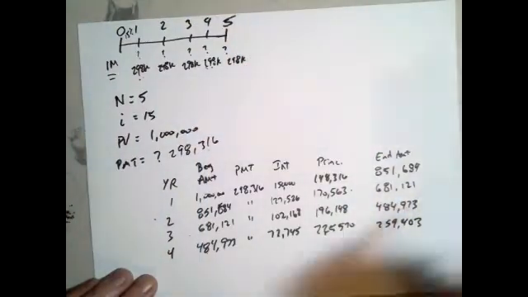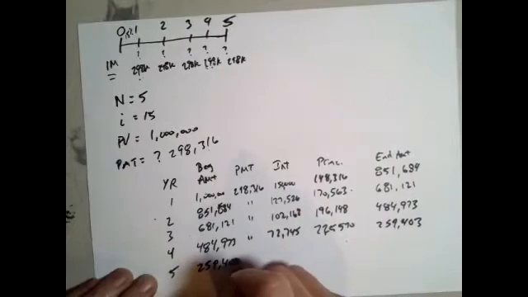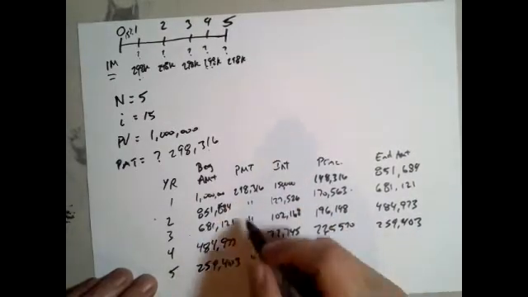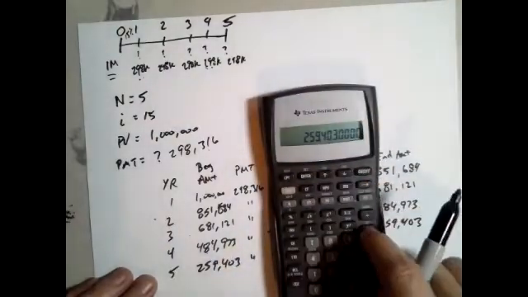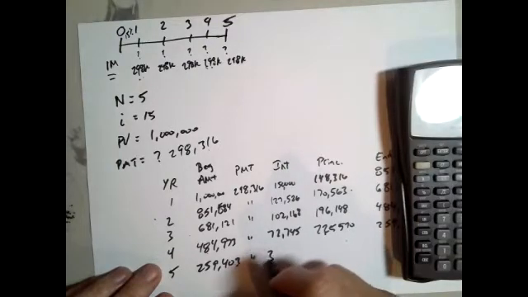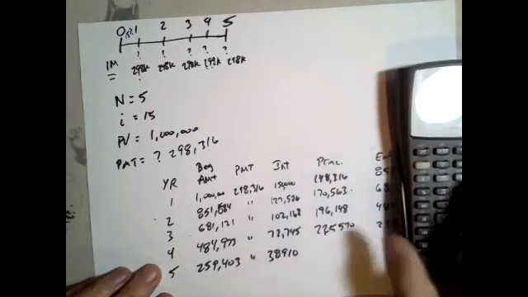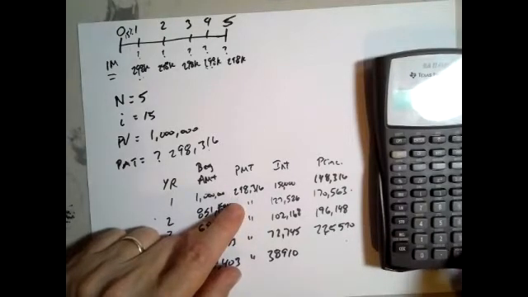Okay. So our beginning balance is 259,403 in our last year. We still make that same 298 payment. How much of that is interest? 38,910. And then how much of that payment is principal?